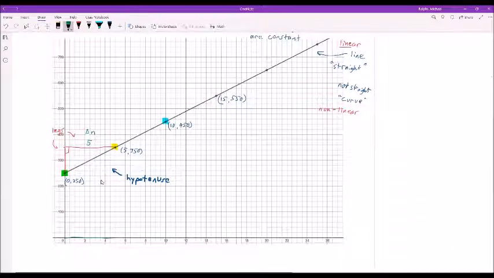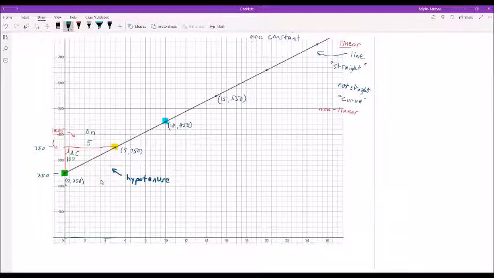And this vertical leg here goes from 250 up to 350. So that vertical leg is a change of 100. I'll just put this 100 right here. And that's the change in cost.